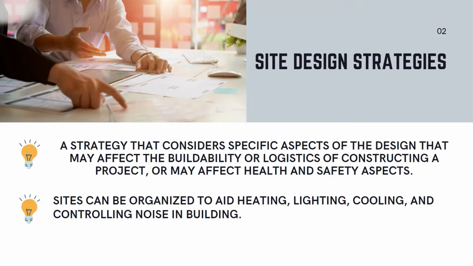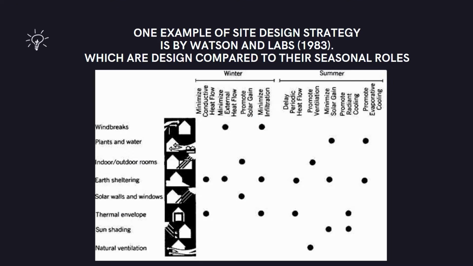When we talk about site design strategies, these are strategies by which the sites can be organized in order to aid the heating, the lighting, the cooling, and the control of the noise in a building. One example of a site design strategy is by Watson and Labs, 1983, designs that are compared to their seasonal rows.